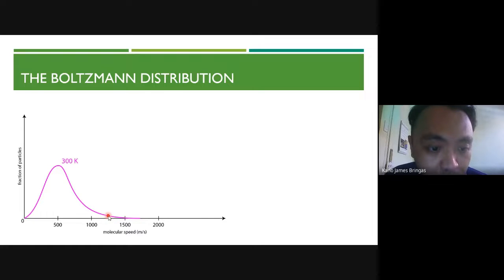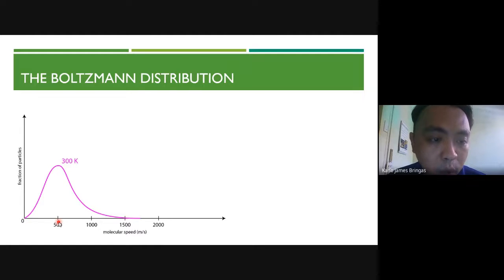There are not a lot of them, that's why the height here is also rather low. But the majority of our gas particles at 300 Kelvin is represented by the peak here, so they are moving at a most probable speed of 500.